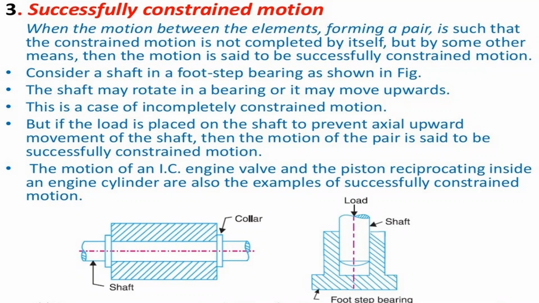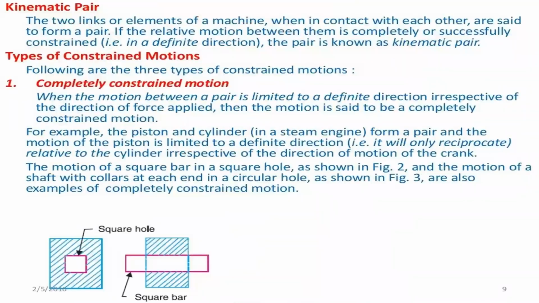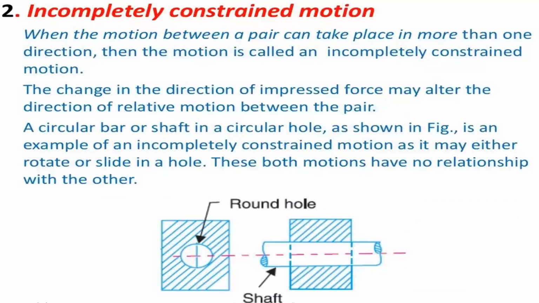So we can see it in three types. First one is the completely constrained motion, which is applied in only one direction. Second one is the incompletely constrained motion, which is applied in more than one direction.